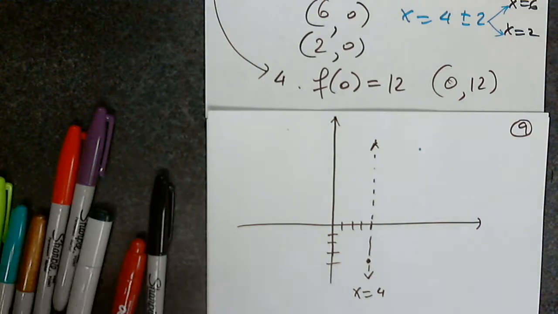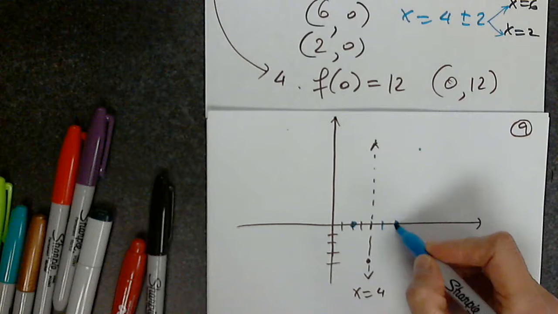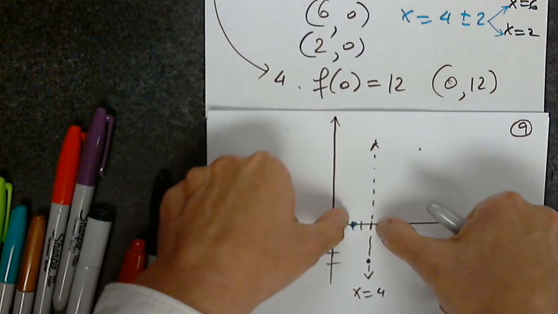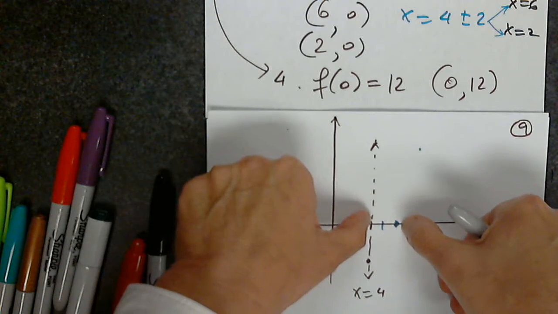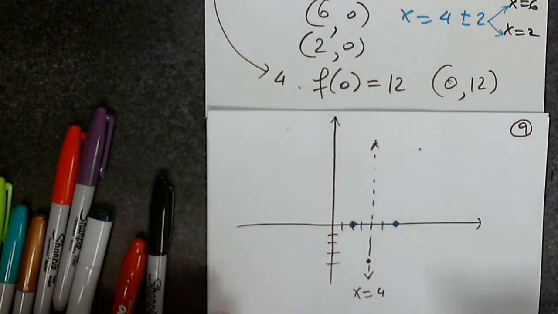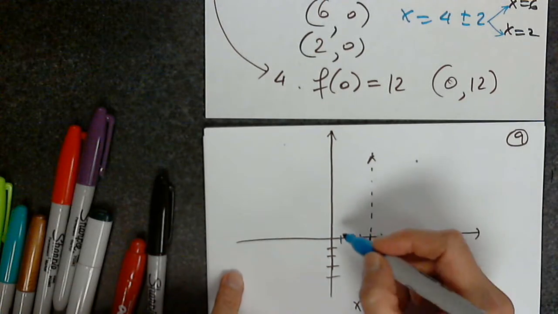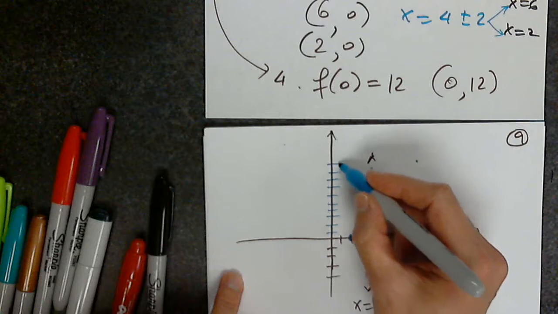I plot the x-intercepts at 6 and 2. Remember, these two have to be symmetric. They're not in my case. As you see, this is bigger unit than this. So careful. Okay, so, and 0, 12. 1, 2, 3, 4, 5, 6, 7, 8, 9, 10, 11, 12.